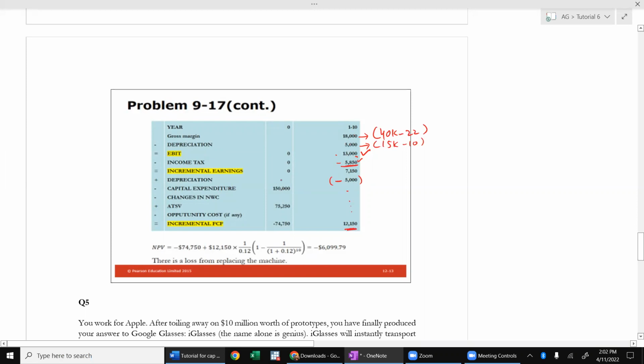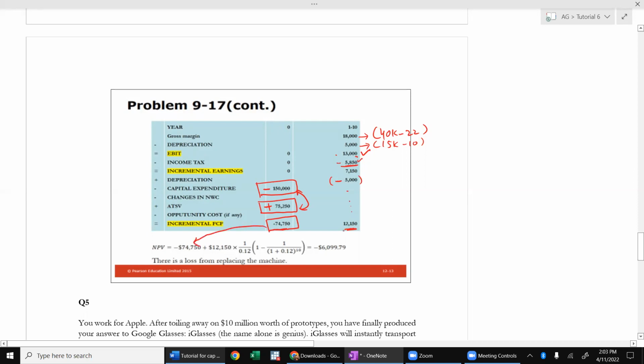But in year 0, for the new machine, the cost of the new machine is negative 150,000. Okay, so 75,250 is by selling the old machine. This is buying of the new machine. How much is the difference in the cost? So that is 74,750. So it means you need to put this much extra to get a new machine. Okay, so this will be your initial cash outflow.